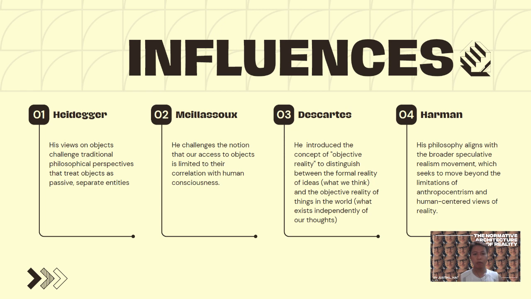He introduced the concept of objective reality to distinguish between the formal reality of ideas, or what we think, and the objective reality of things in the world, or what exists independently of our thoughts. And lastly, Harman. Harman's philosophy aligns with the broader speculative realism movement, which seeks to move beyond the limitation of anthropocentrism and human-centered views of reality.